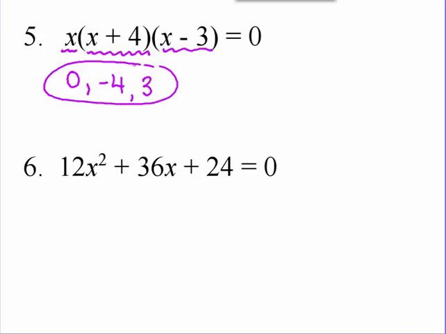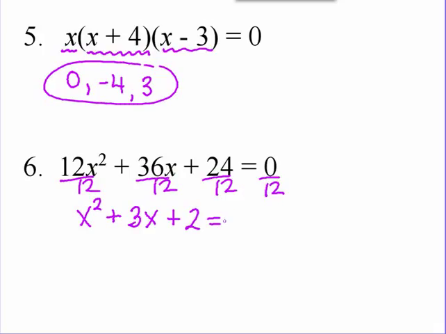The next problem. What should you do? Divide by 12. Good. So let's go ahead and divide through by 12. Now remember, we can divide by a number. We just can't divide by a variable. So I get x squared plus 3x plus 2 equals 0. So now when I look at the front, I have a 1x squared right here.